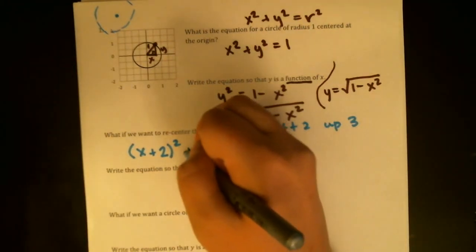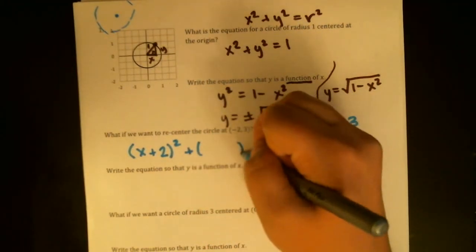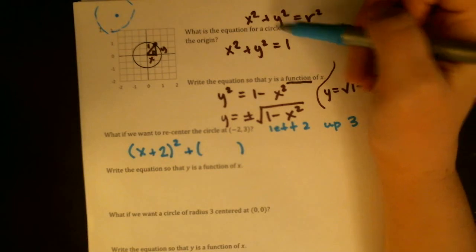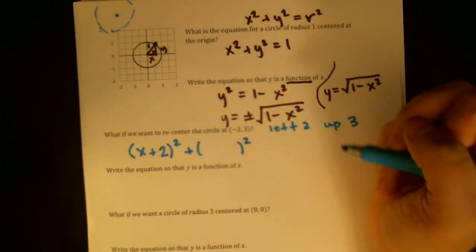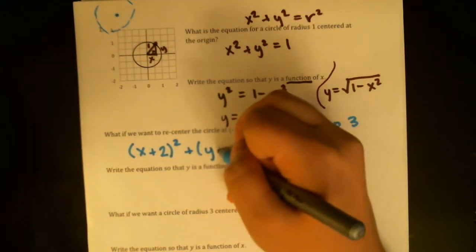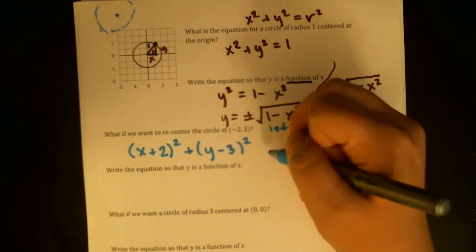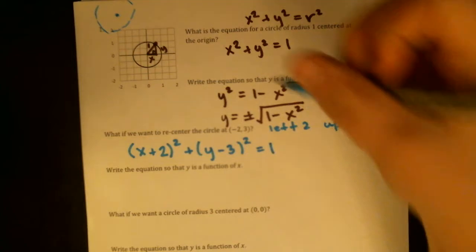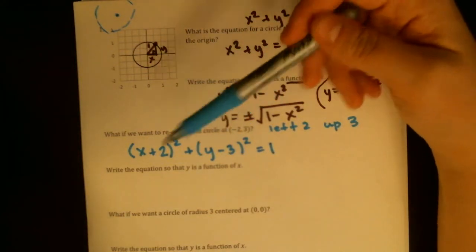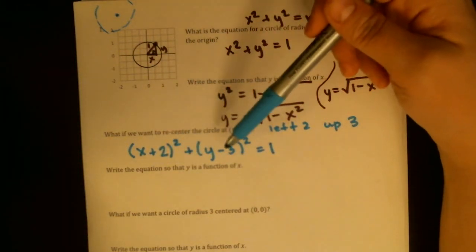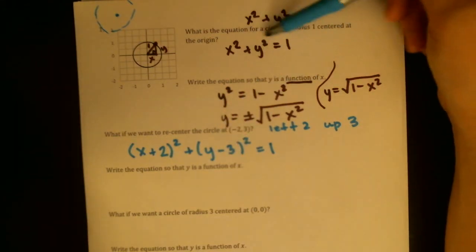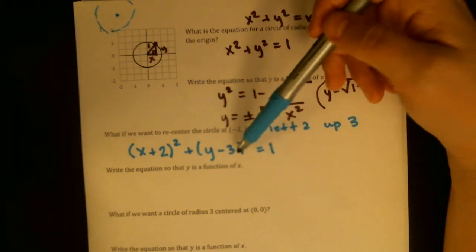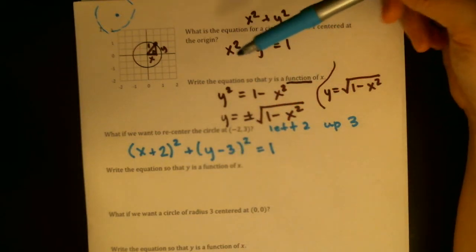What can get a little weird is that since this is not written y as a function of x, when we try and shift the y's up 3, they're going to do that same sort of backwards thing. Again, the idea would be if we want to keep x's the same, we would have to plug in a y that was 3 bigger than the original equation. So that's actually a shift up 3.